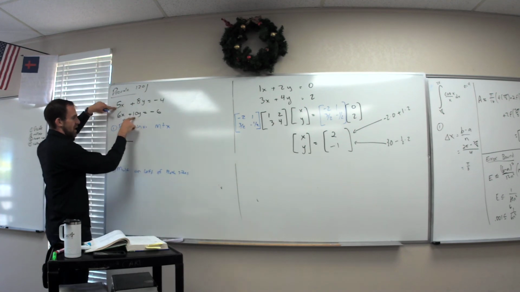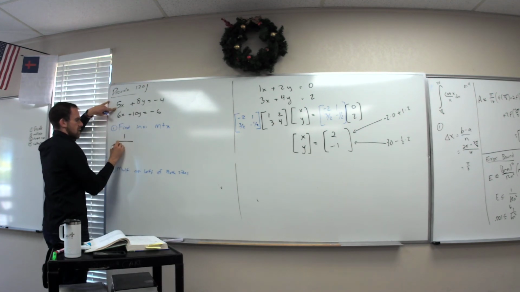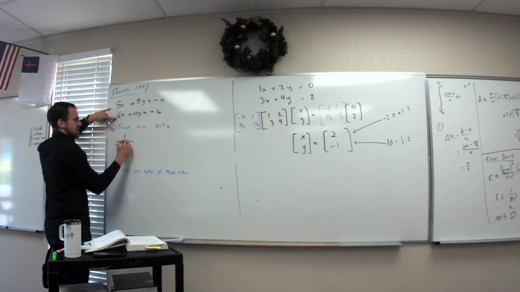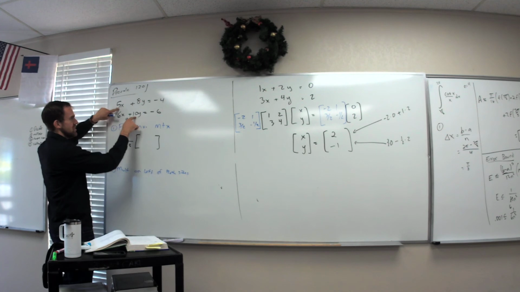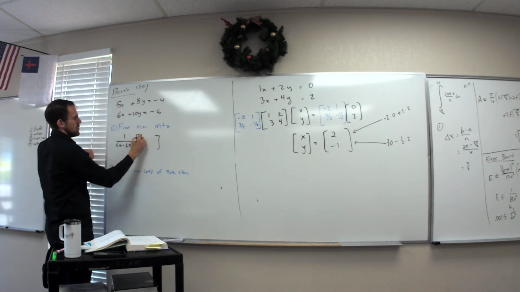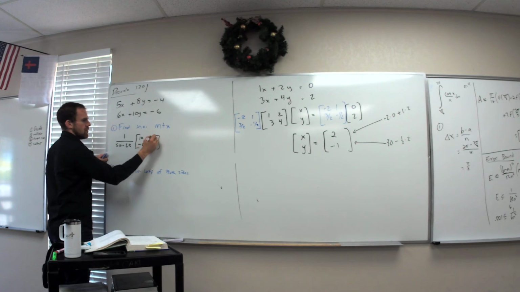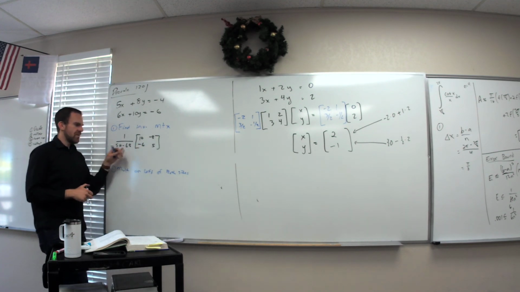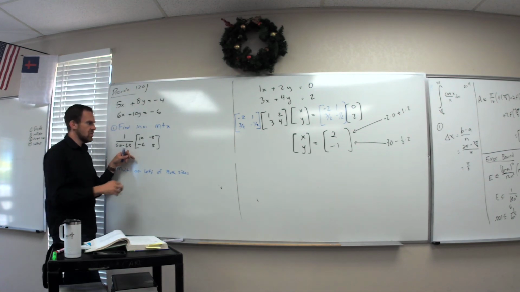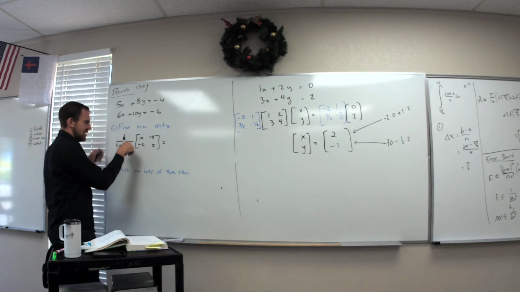So that's going to be 5 times 10 minus 6 times 8. And then you're going to switch these numbers and make those negative. So 50 minus 48 is 2. So I'm going to multiply this times 1/2.